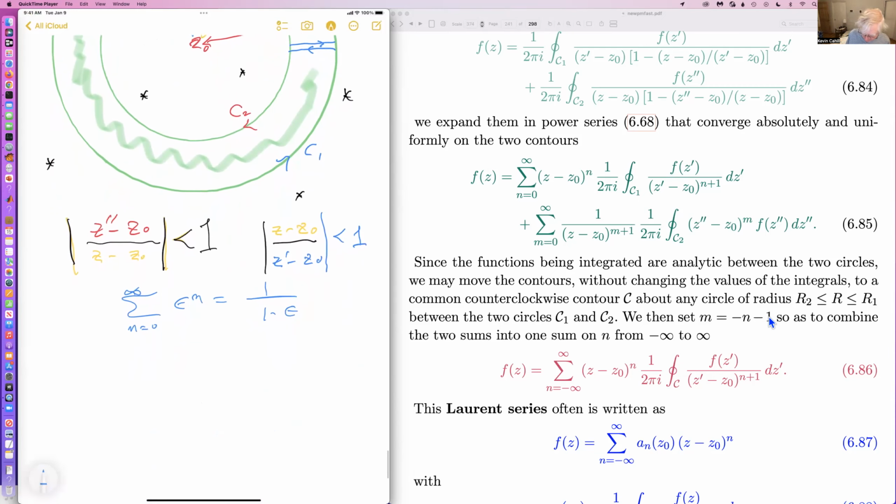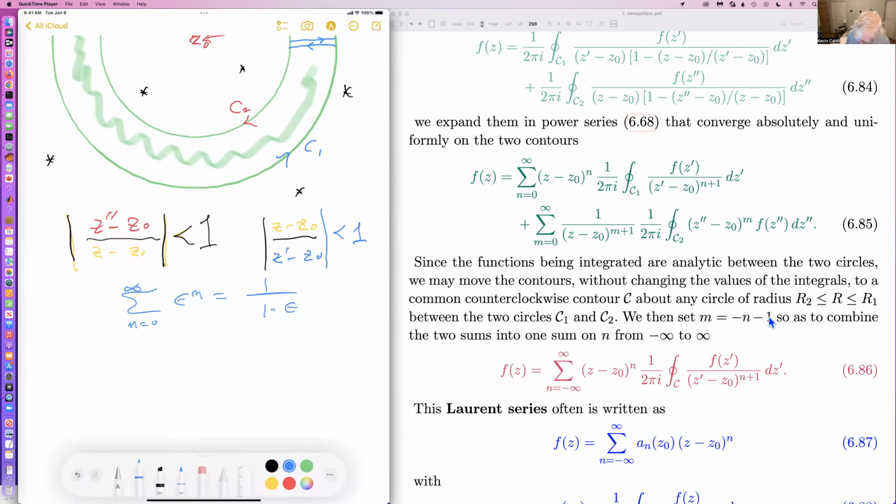In other words, let me switch maybe to green. n equal to minus m minus 1 in this sum, or rather m equal to minus n minus 1. Sorry for this confusion. Or equivalently, m plus 1 equal to minus n. And so this becomes z minus z0 to the nth, which is like here.